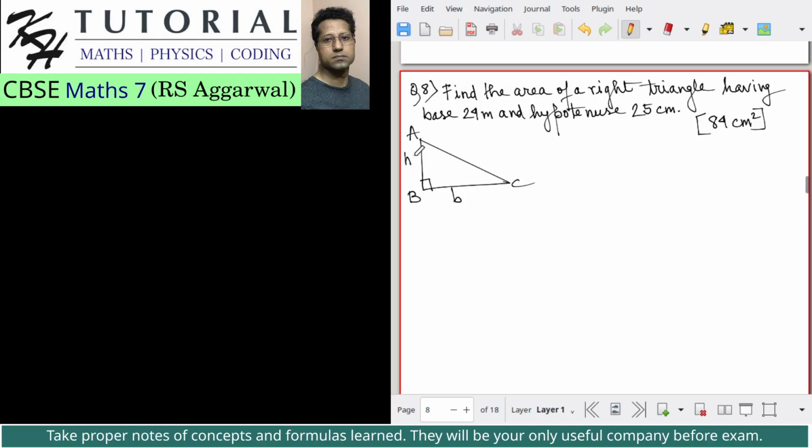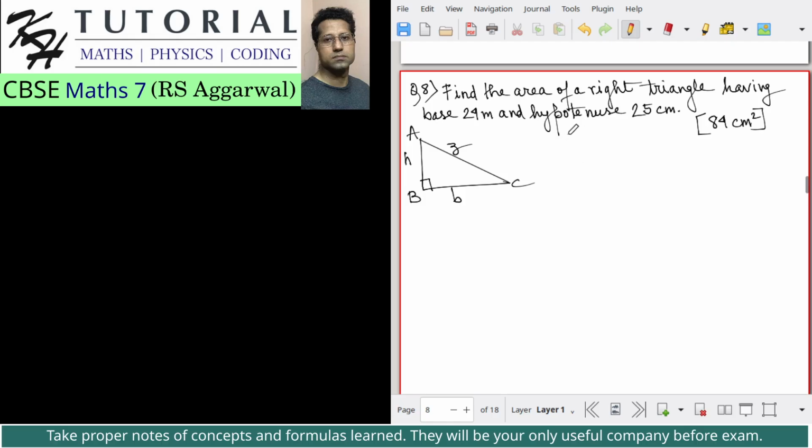So in this case AB will be the height of the triangle if we consider BC as the base. Now let's say Z be the length of the hypotenuse, that is AC.